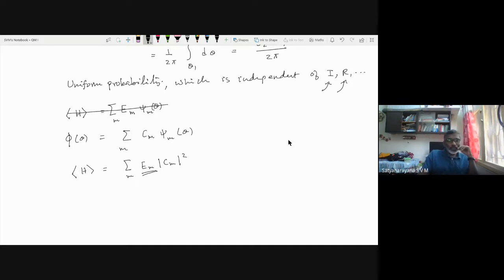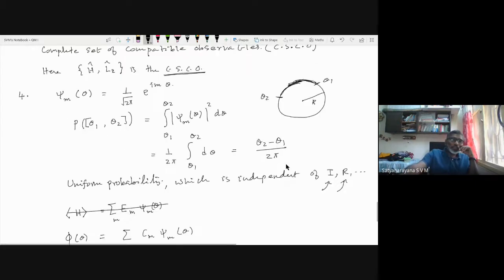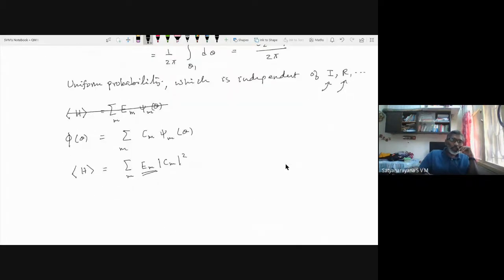So the probability of finding the particle in this case is uniform. But consider a case like this: suppose you consider a wave function phi of theta, an equal probability amplitude construction of these two waves. That will be something like some a into cos theta.